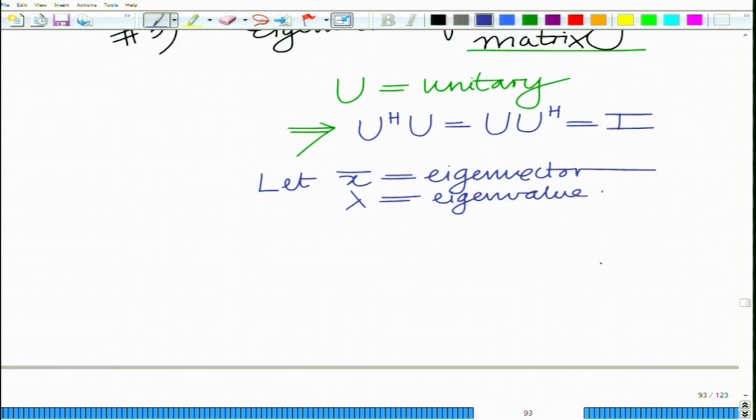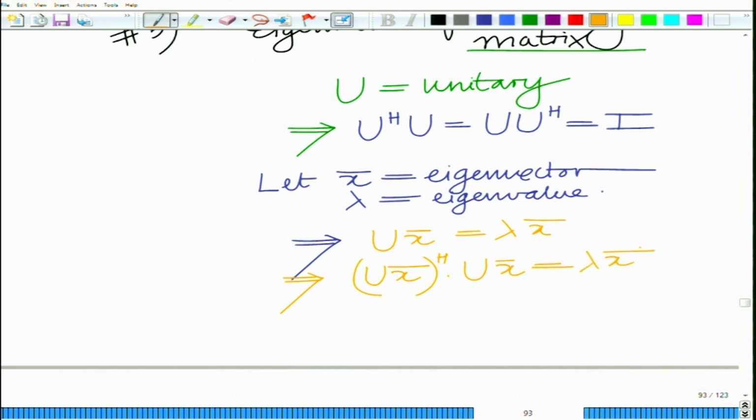Now, what this implies is that Ux bar equals lambda times x bar, correct, which implies, now if I multiply Ux bar Hermitian Ux bar, that will be equal to lambda x bar Hermitian, because Ux bar equals lambda x bar, Ux bar Hermitian equals lambda x bar Hermitian multiplied by lambda x bar, and this implies x bar Hermitian U Hermitian U x bar equals lambda Hermitian, but lambda is a number.